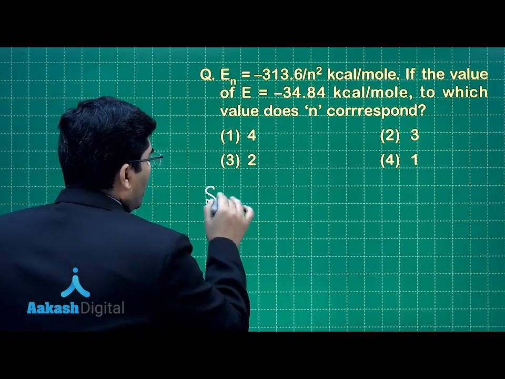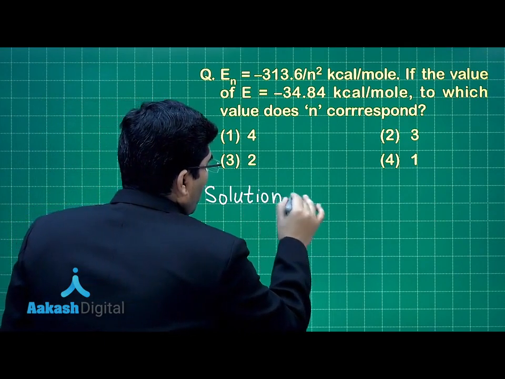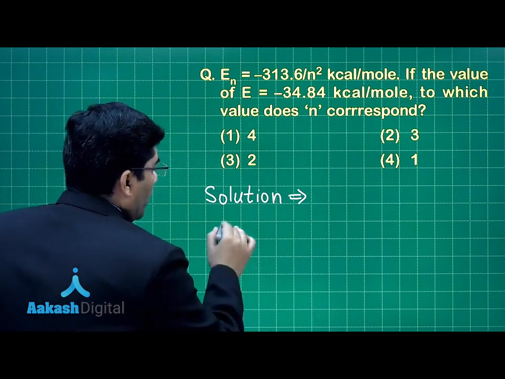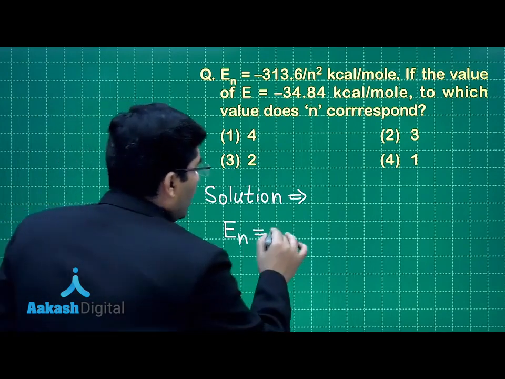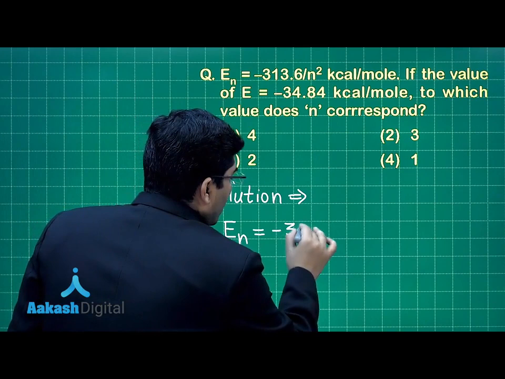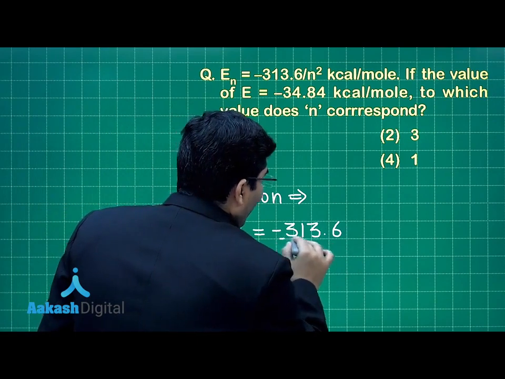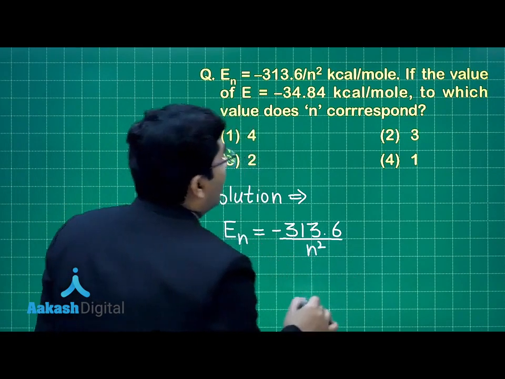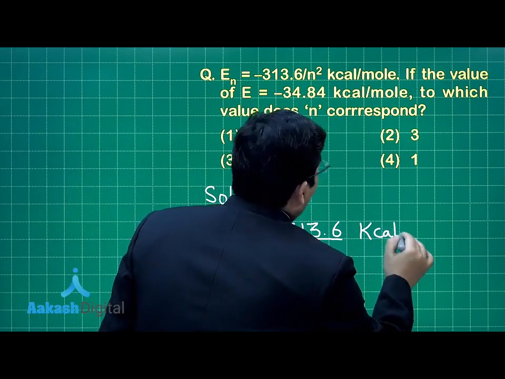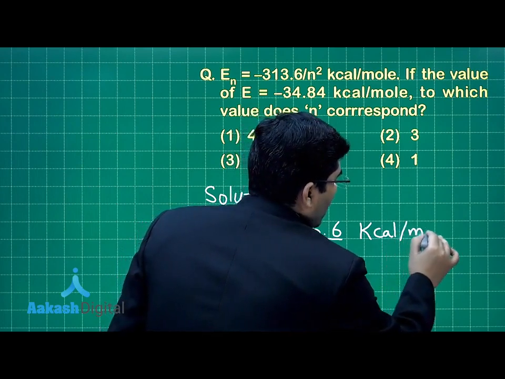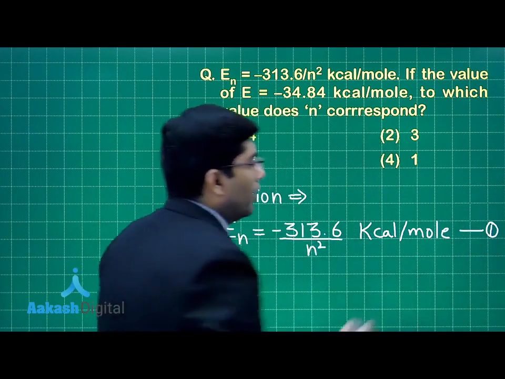So the solution: the En given to us, that is the energy of a shell in general, is minus 313.6 whole divided by n square, and that is in kilocalorie per mole, right? Now let's assume that this is our first equation.